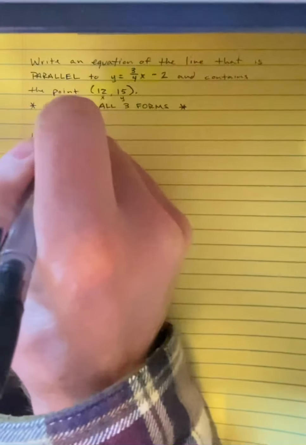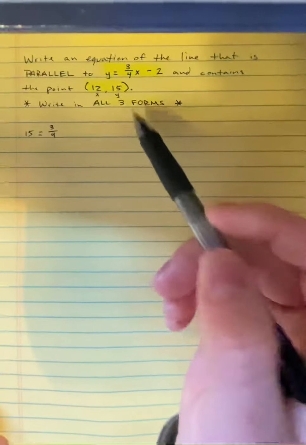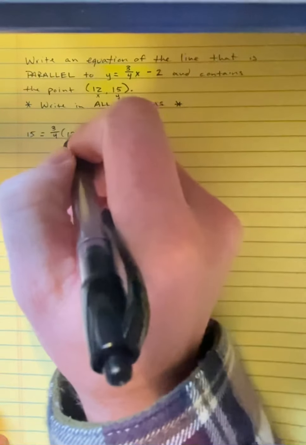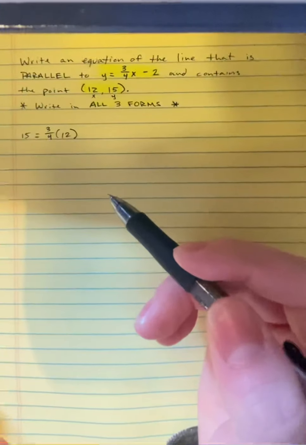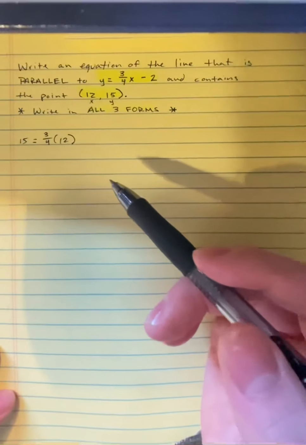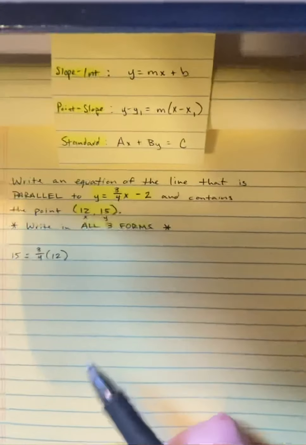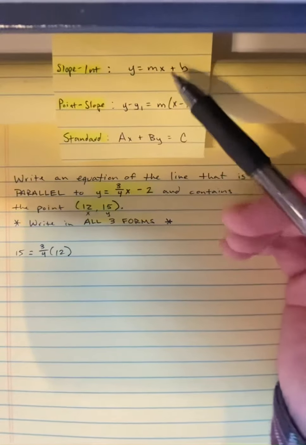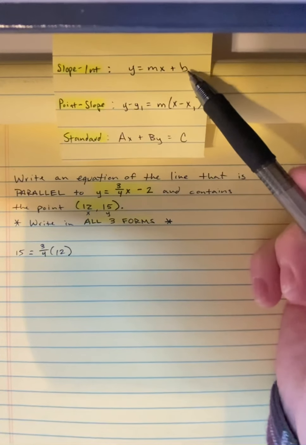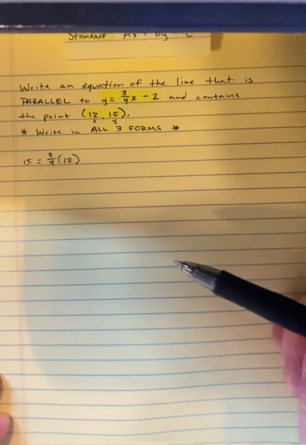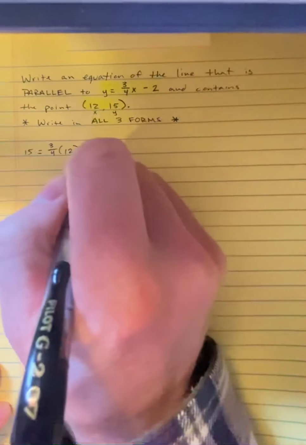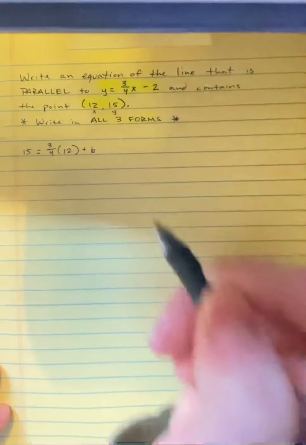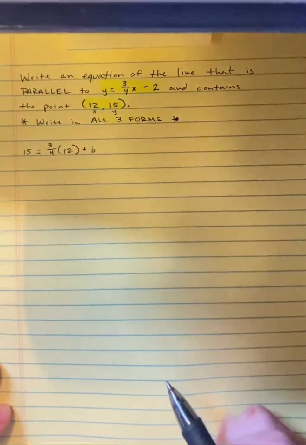So 15 equals 3 over 4 times my x, which is 12. What we don't know about our new equation is what the y-intercept is. And as you know, in slope-intercept form, that is represented by the letter b. That's really what we're looking for here. So I'm going to write plus b, and that's what we're going to be solving for.